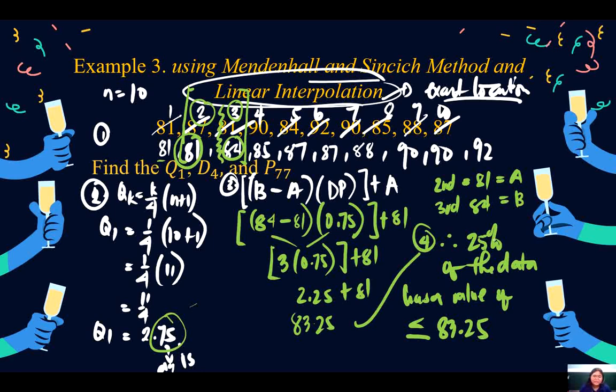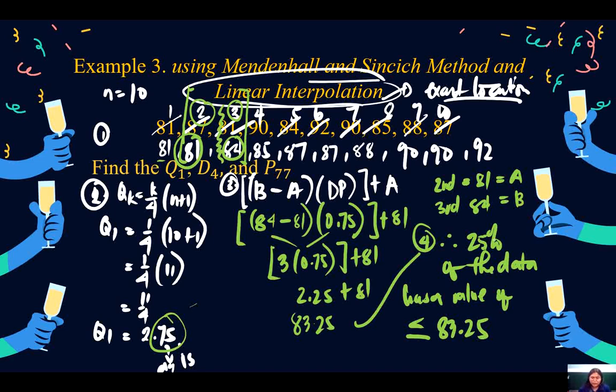Pero if the instruction is we are going to find the exact location or the exact position, we are going to use the Mendenhall and Sinzich method first. Okay, once we arrange our data in ascending order, let's use the Mendenhall and Sinzich method. After that, do not round off, do not round down, do not round up. As is.